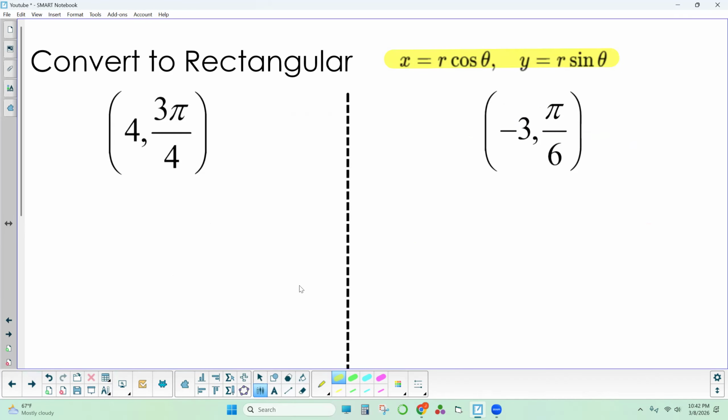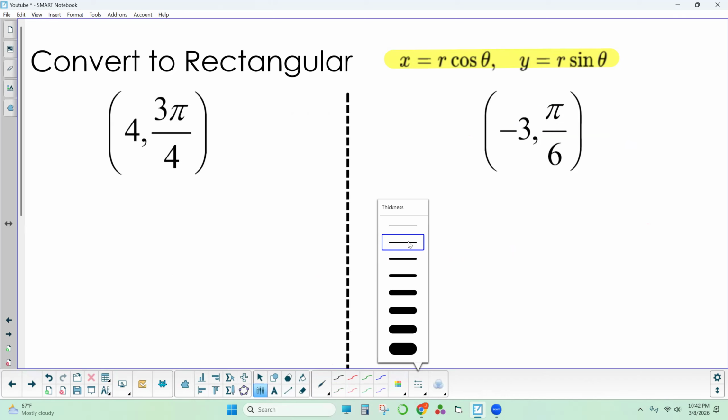Here we're going to convert from polar to rectangular. As you can see up here, I've written the two conversion identities we want to use, because our point is r theta and we want x and y.